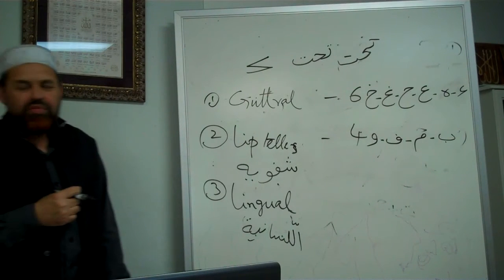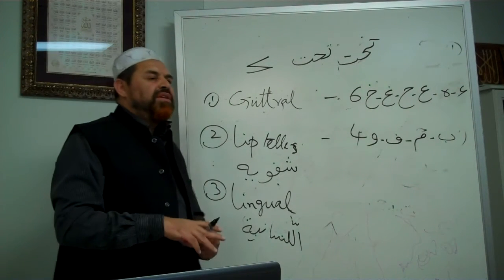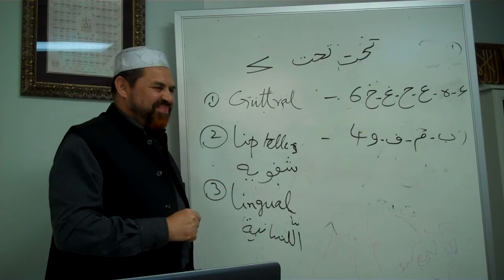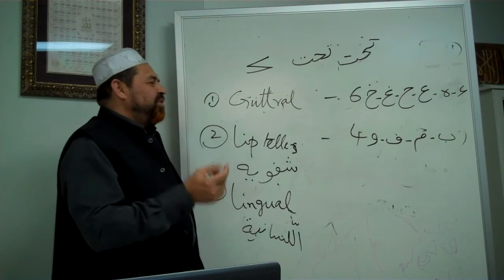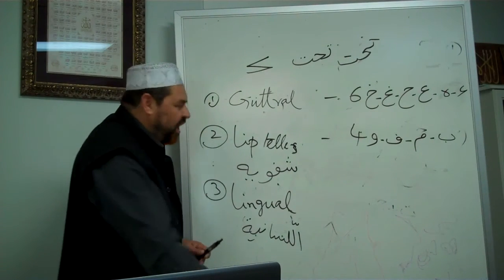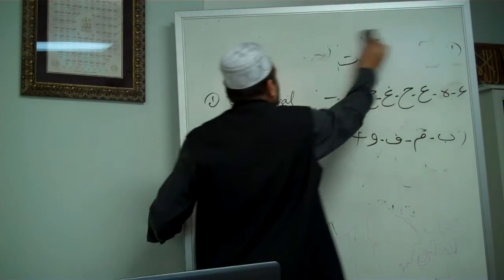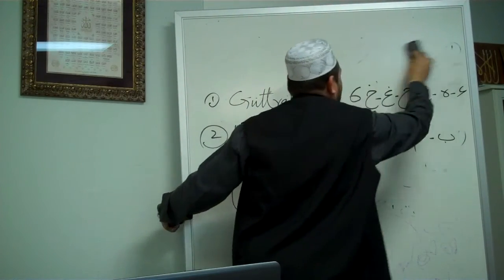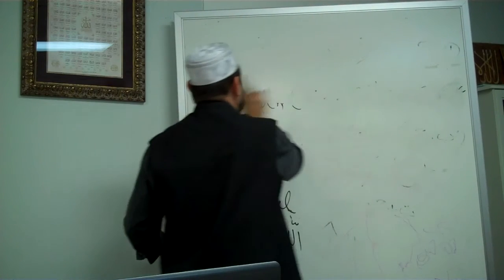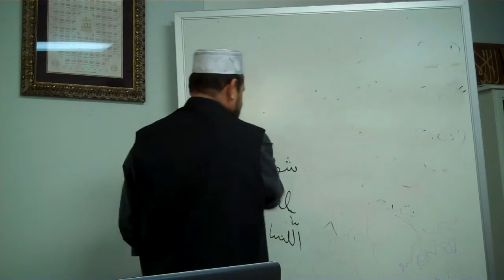Okay. Now what happens? There are some words that have both letters from the same family, like ha and jim. And the example is the word hijab. So for the word hijab also you have two versions. One is print version and one is handwritten version. So one brother, please come over here and write both versions.